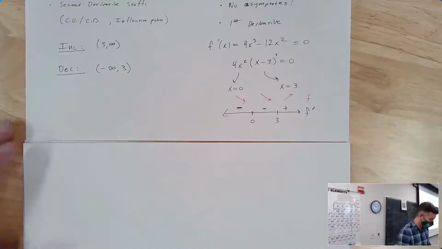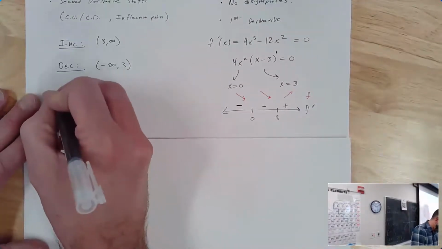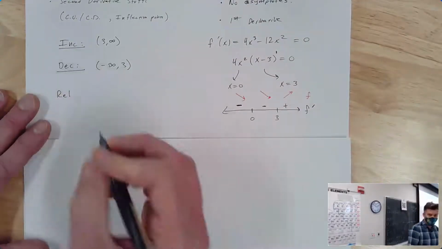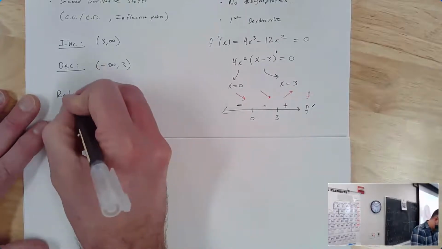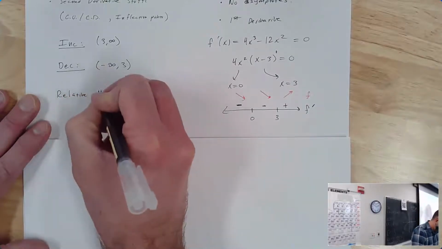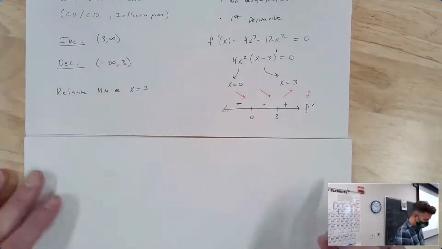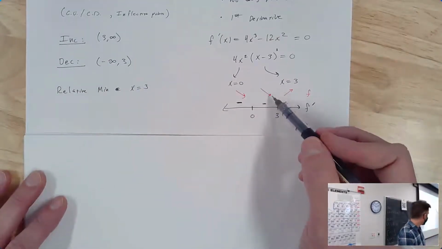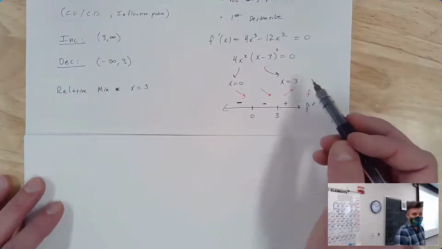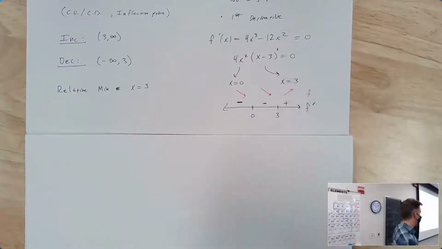We probably should also write what the relative extreme is. So we have a relative, or local if you prefer, minimum at x equal to 3. Because the function was decreasing to the left of 3 and increasing to the right of 3. Typically, when we graph things, we usually find the associated y value of that.